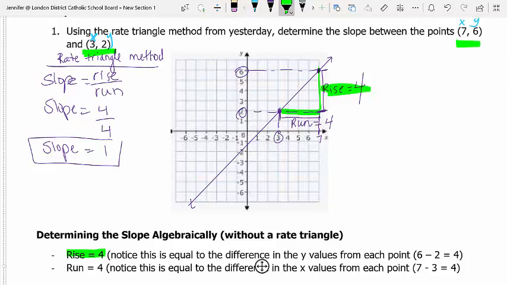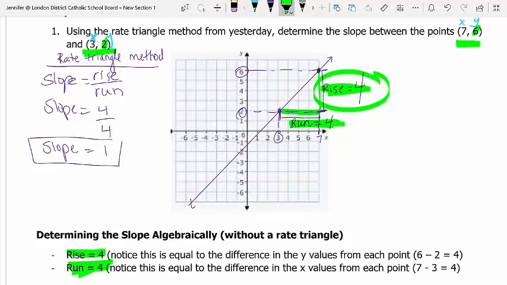If you subtract the two y values, 6 minus 2, you get the same number, a rise of 4. Likewise, using the rate triangle method, we figured out that the run was 4. But just look at the points. If you subtract the x values, 7 minus 3, you also get that run of 4.